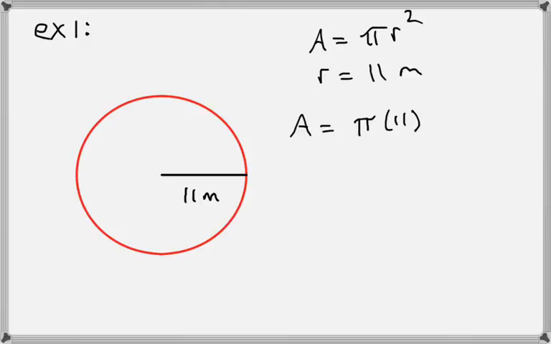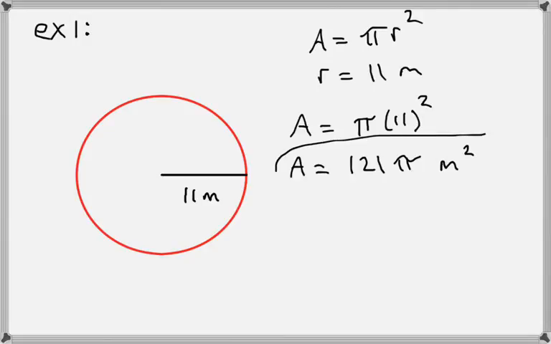The 11 being squared. So 11 squared means 11 times 11, which is 121, times pi. And so we then need to write our unit of measure. It was meters. We took meters times meters, so we get meters squared. And we found the area of this circle.